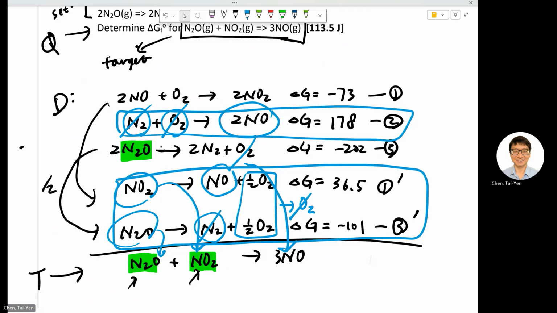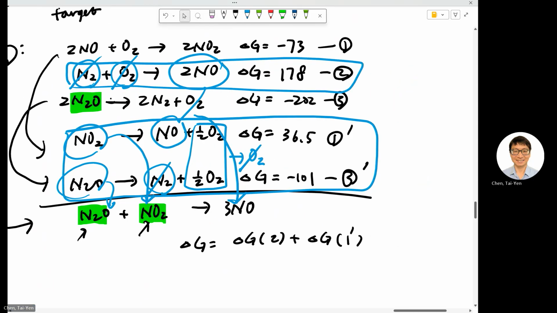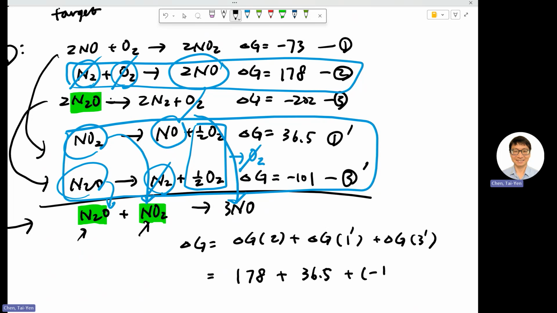Okay. That means the new delta G of this reaction will simply equal the delta G of your equation 2 plus delta G of 1 prime plus delta G of your 3 prime, which equals 178 plus 36.5 plus negative 101.